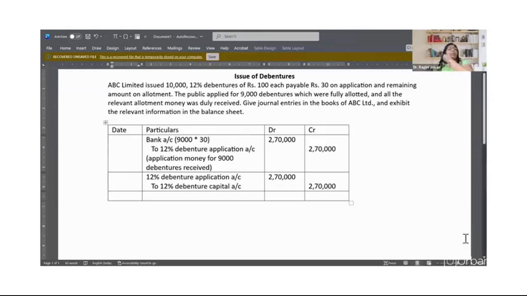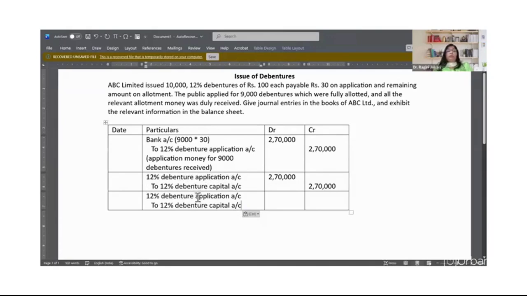Now the next installment is the allotment. There is no further call. So the next entry that we are going to make is the due of allotment money. So this becomes 12% Debenture Allotment Account to 12% Debenture Capital Account. How much?